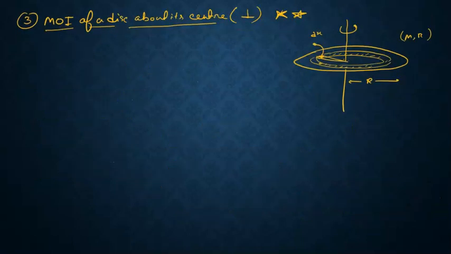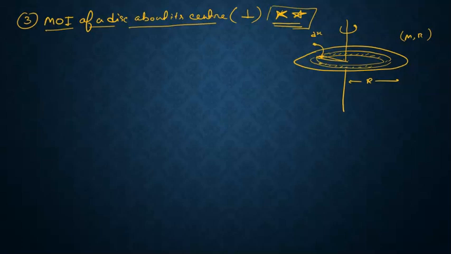Next, we have to find the moment of inertia of a disk about its center. In the previous question, we found the moment of inertia of a ring, and in this case, we have to find the moment of inertia of a disk. This question is the most important because in almost 30 to 40% cases, the question is to find the moment of inertia of a disk.